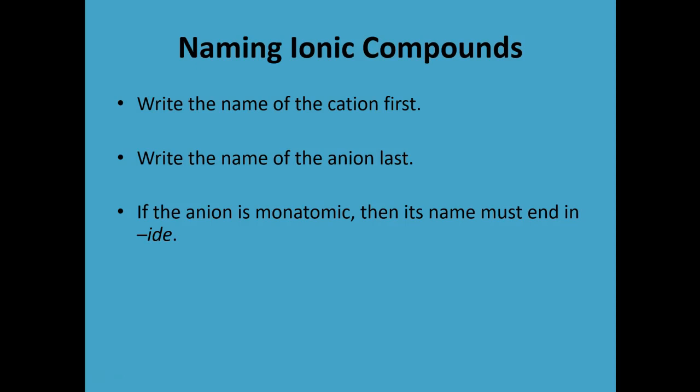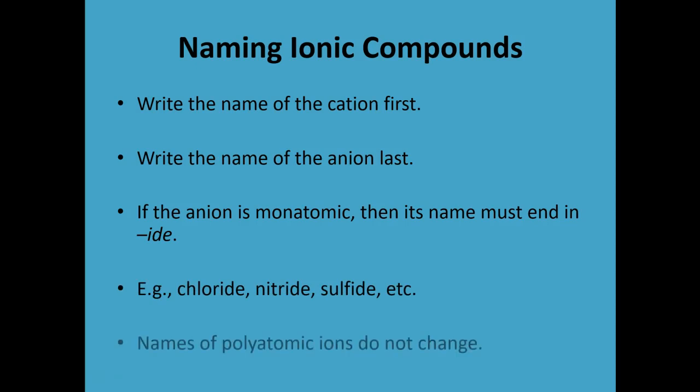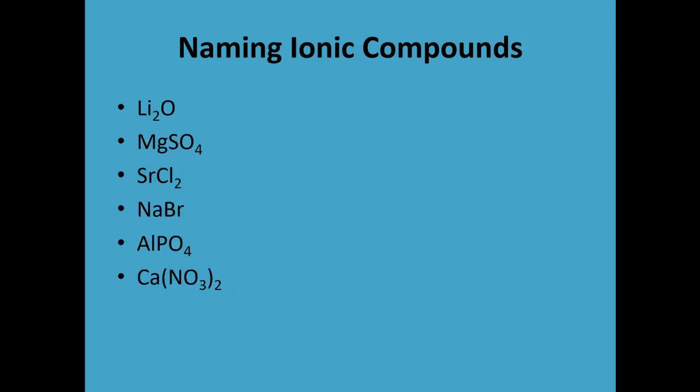We change its name to -ide, and so chlorine becomes chloride, fluorine becomes fluoride, oxygen becomes oxide, sulfur becomes sulfide, etc. And so here are some examples of that. If the anion is polyatomic, then we don't change its name. And so let's look at some examples of this.